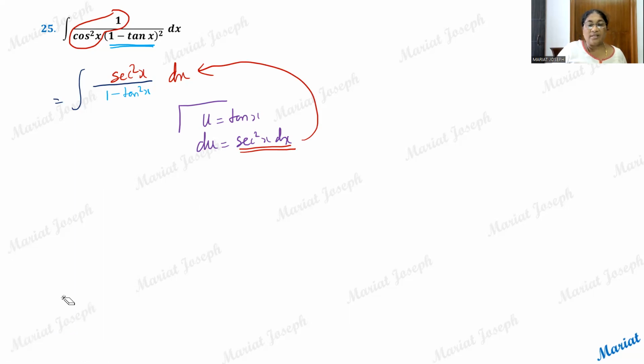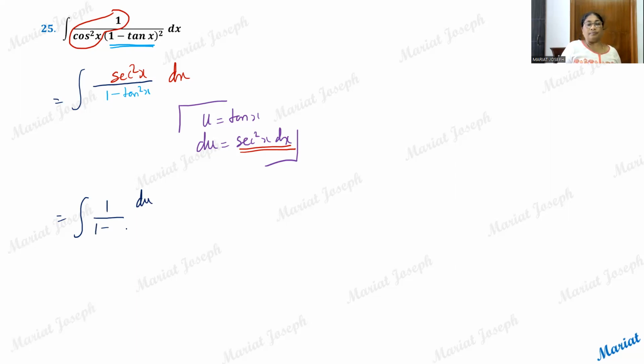So the integration is rewritten as integral du upon, oh, it was 1 minus tan x whole square. The question is 1 minus tan x whole square.